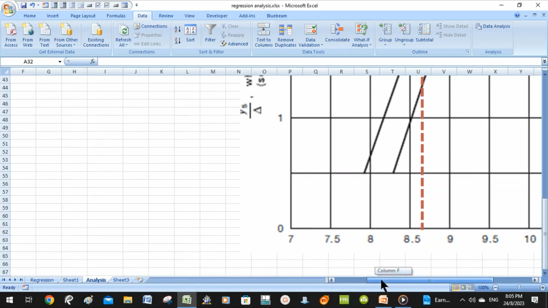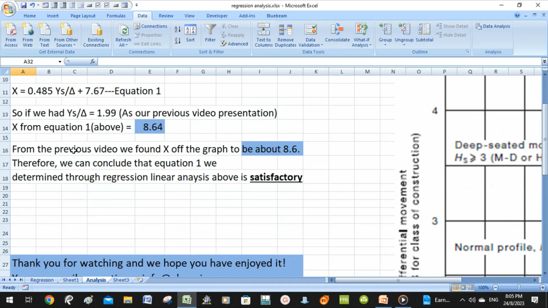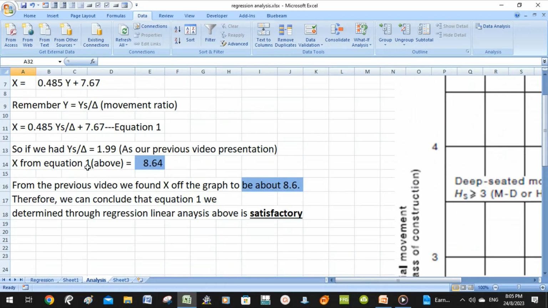Okay, that's what we assumed in the previous video. But let's see from the equation that we have found, if we substitute ys over delta in equation 1, we get x is equal to 8.64. So it's virtually the same. It's almost the same. So this is a great result.